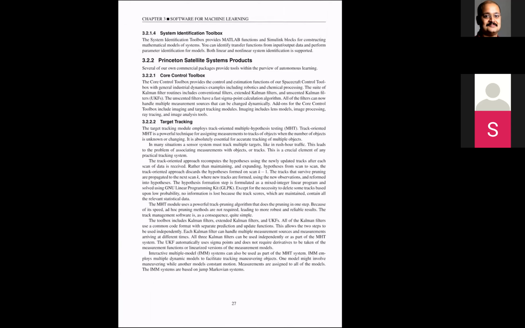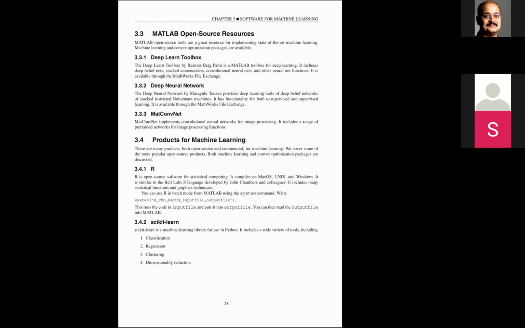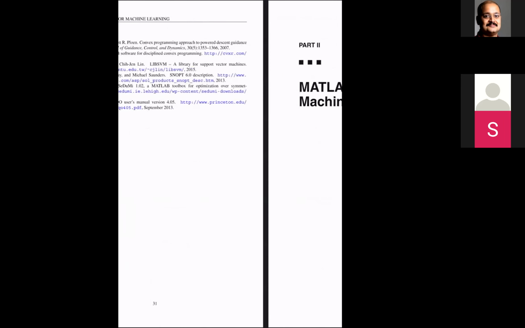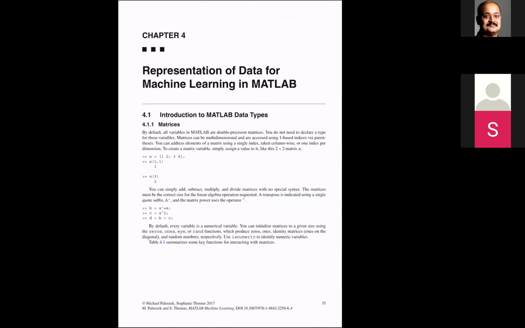So joint probability distribution models and all, that actually stems from the Bayes theorem. And then there are optimization toolboxes. Now the next chapter is something that you can skip, which is just dealing with MATLAB.